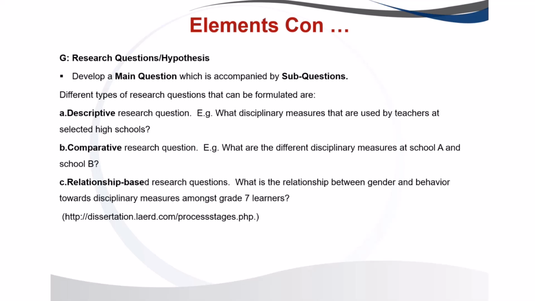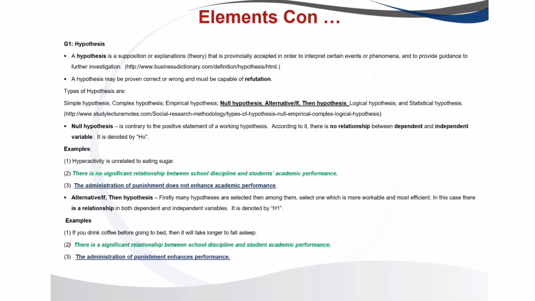You can position it according to gender and also according to the different grades. So it's an example, guys, a very simple one. So you'll decide about your research question, whether it's a descriptive, comparative or relationship-based research question.